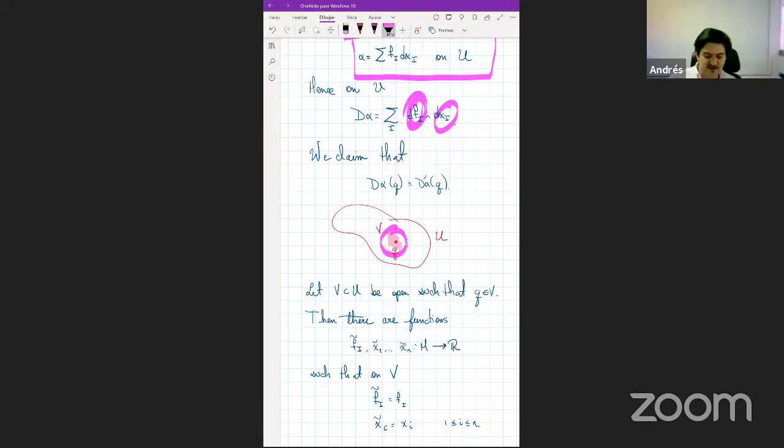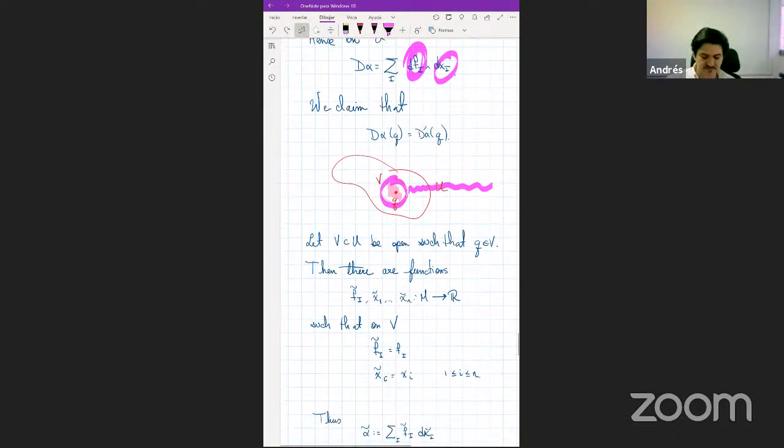And then, I don't know, but eventually they might disagree, but they will be global. This is what is important about these functions. They are defined on all of M. Right? And on V, they agree.